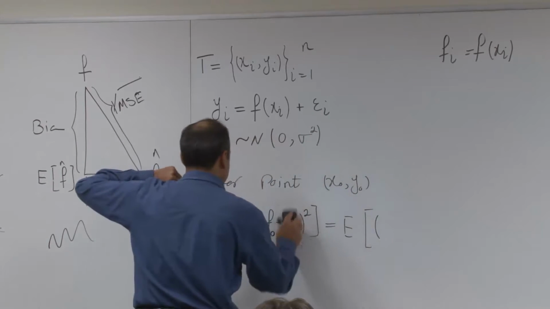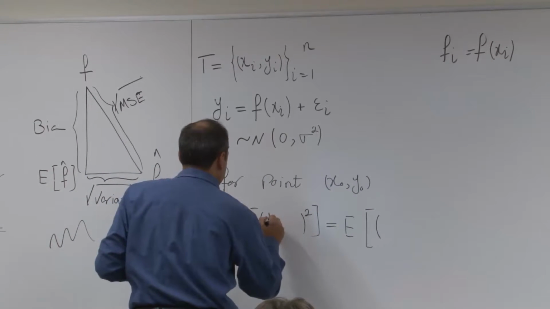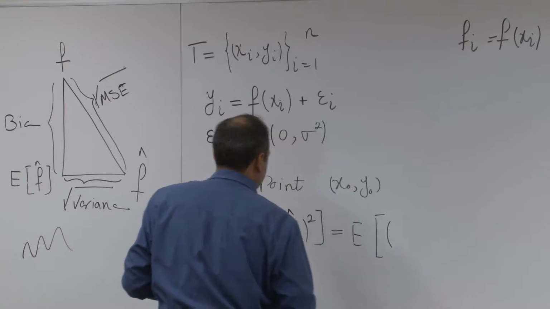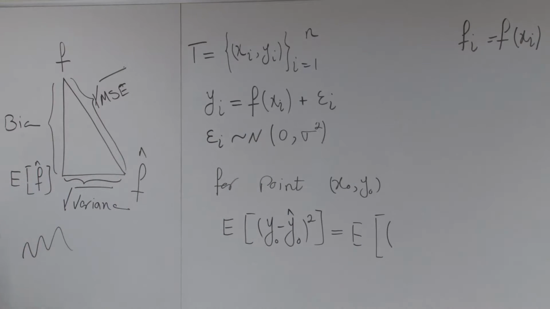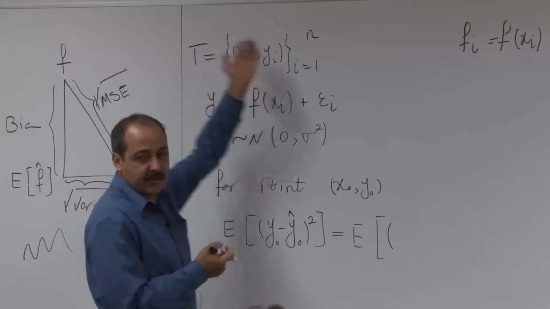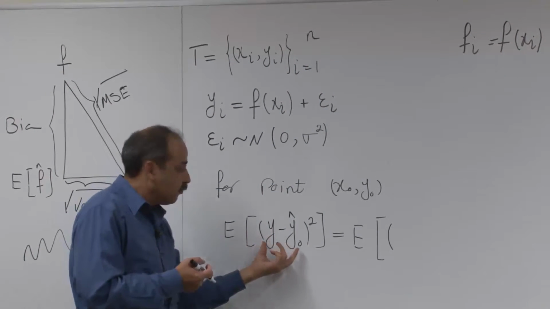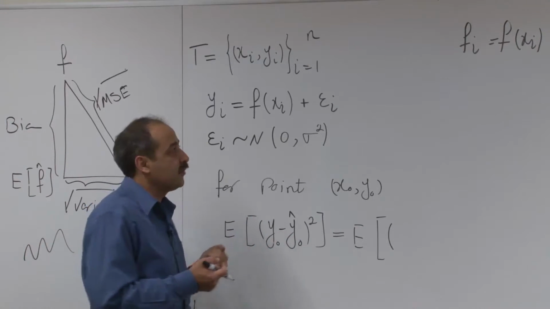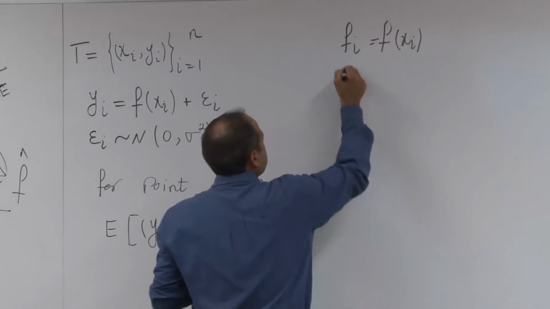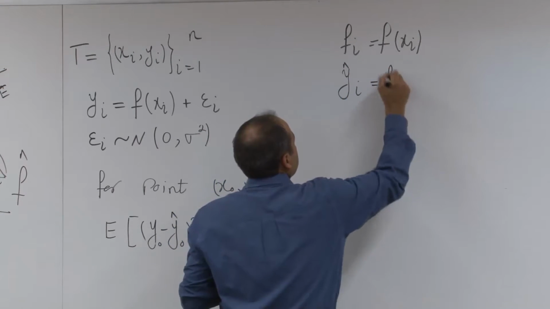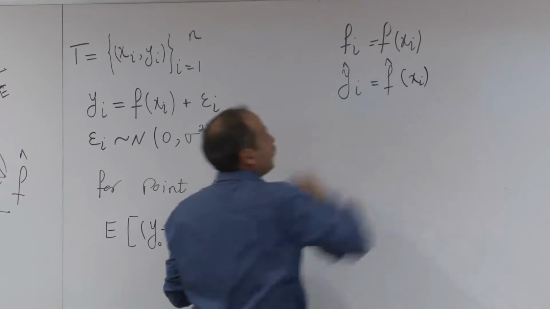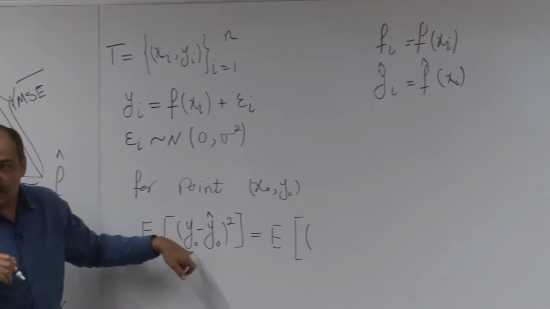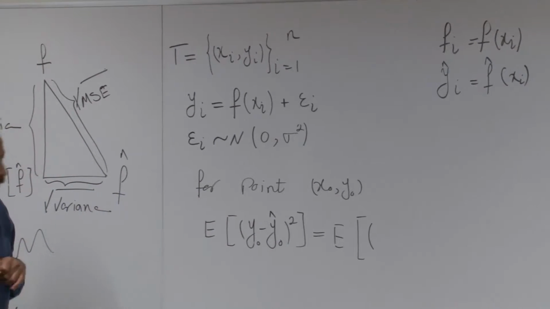Let me start from here, actually. When we are trying to train a model, we have the observation, we don't have f, right? We are trying to minimize the distance between our observation and the prediction of the model. So I assume that the prediction of the model is the output of this function. Usually we are trying to minimize the distance between our observation and the prediction of the model, right?